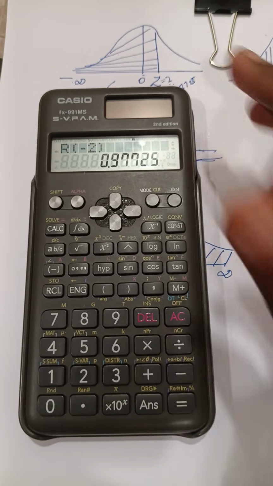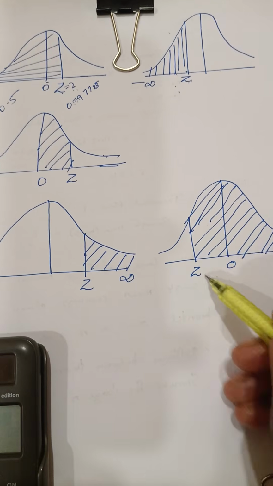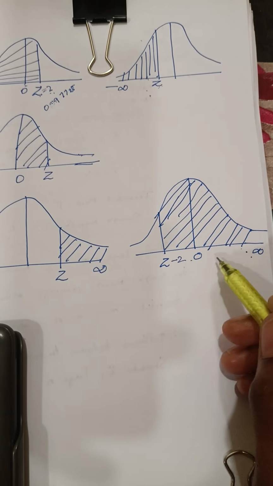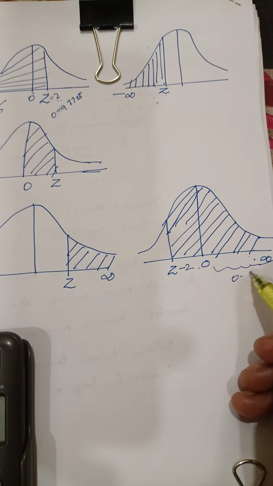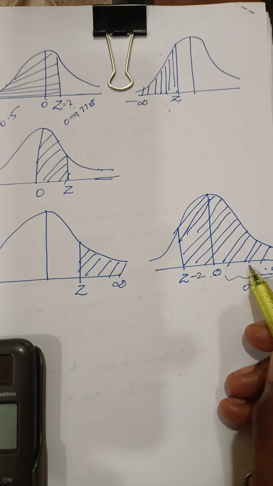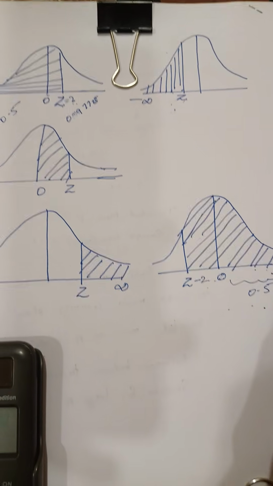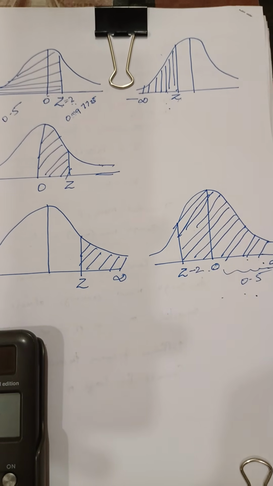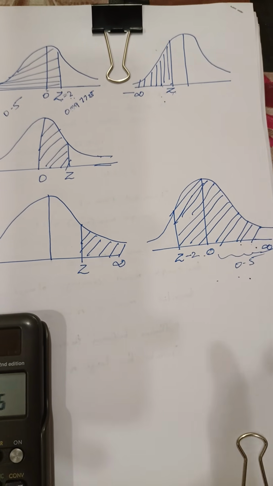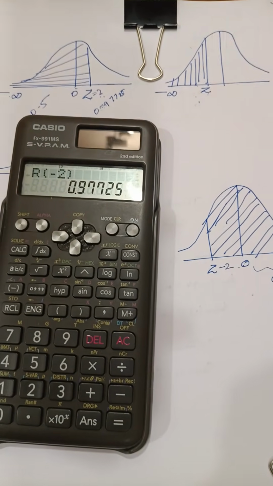So this is again probability from minus 2 to infinity, that is 0.5 plus probability from minus 2 to 0, which is the same as 0 to 2, 0.47725. That is why we are getting the same answer. So I have explained the property of symmetry again while explaining finding the area by using calculator.